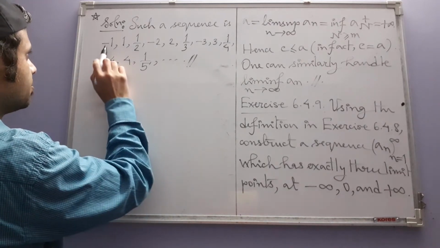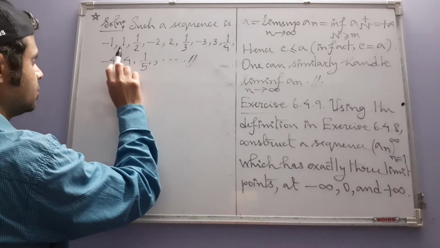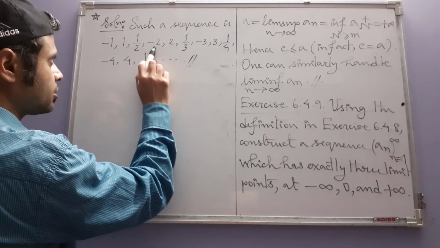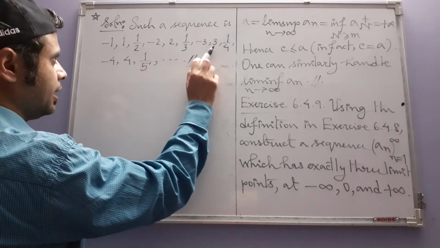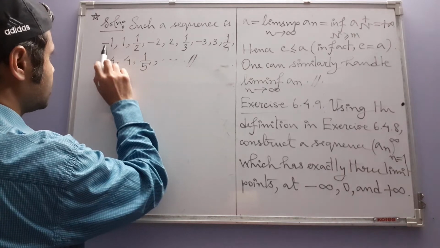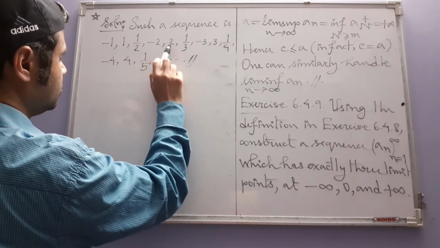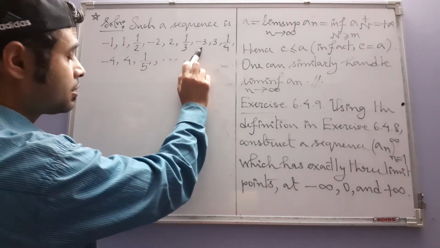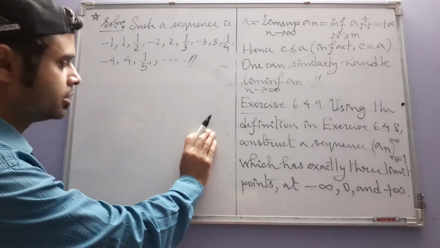For example, the first term is -1, second, third, fourth term is -2, fifth, sixth, seventh term is -3. So like that, those terms are progressing.